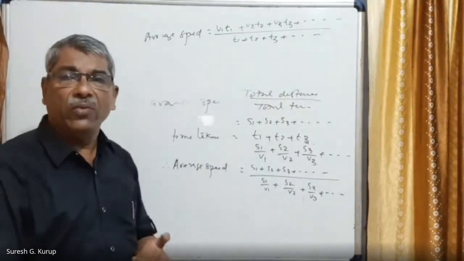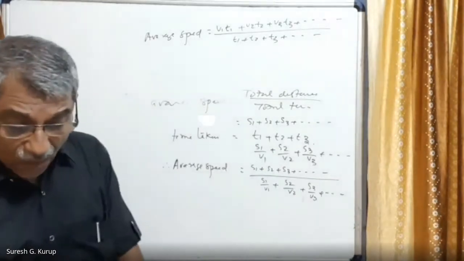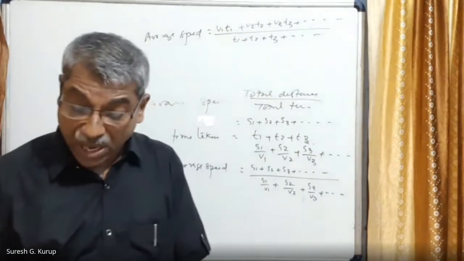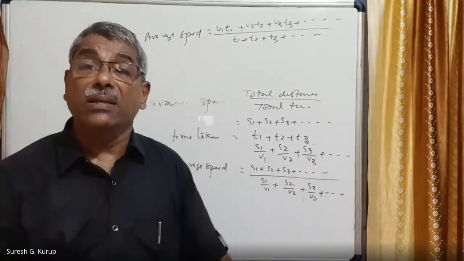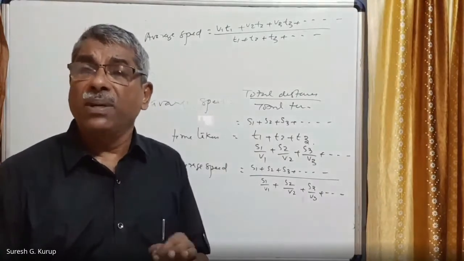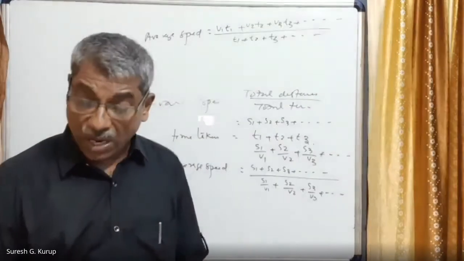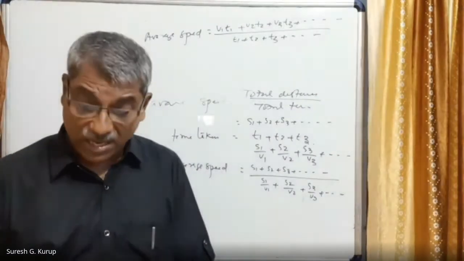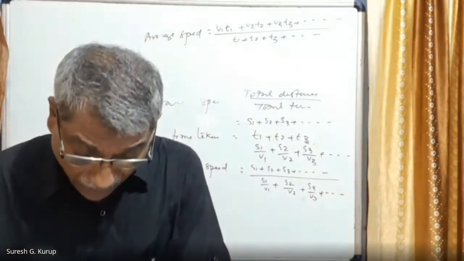So when is average speed to be calculated? When the body is moving with variable speed, average speed and instantaneous speed have to be calculated. Instantaneous speed is given simply by v is equal to ds by dt. Average speed we have already said how it is to be calculated, in terms of speed and also in terms of time.